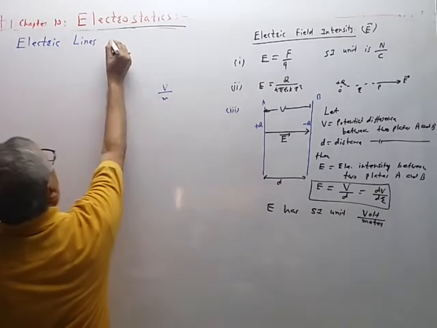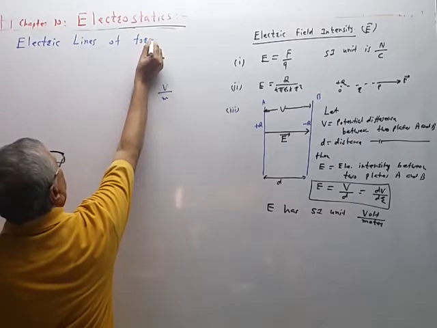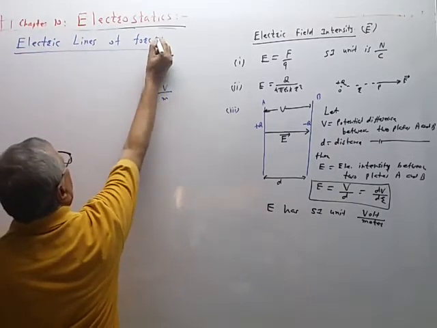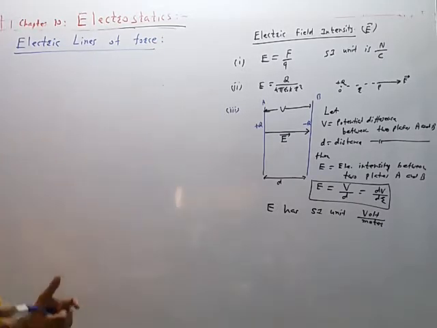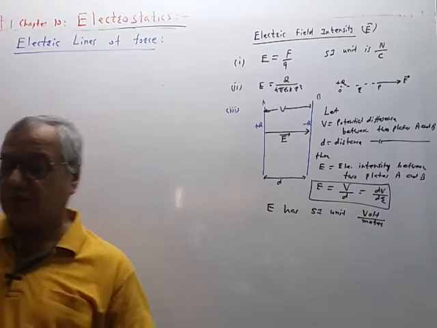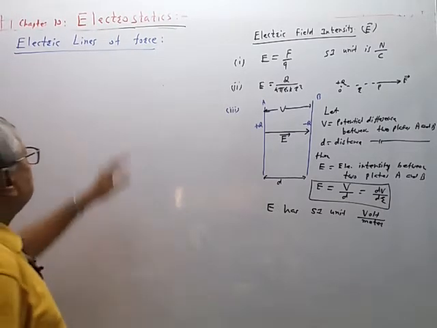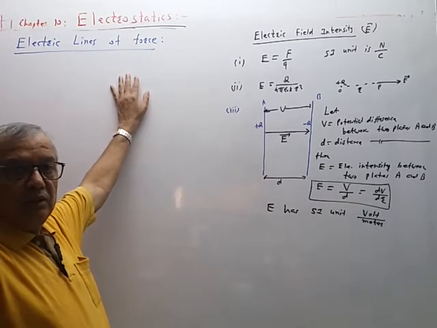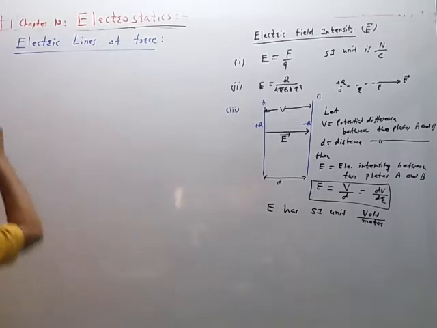Electric lines of force. Similar to the electric lines of forces, there are also magnetic lines of forces. Many properties are common. Now, let us see the first definition. We will prepare the definition.